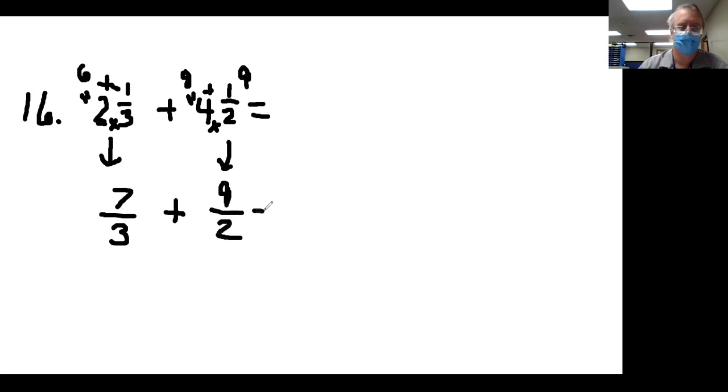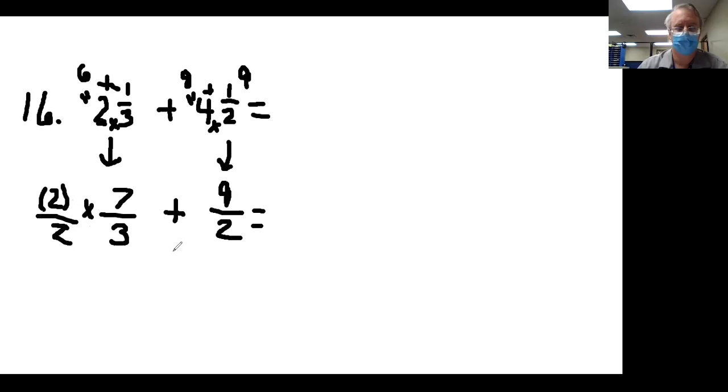9 halves. Now, with fractions, you cannot add fractions without a common denominator, which is the bottom, numerators at the top. So in order to get the same denominator, you have to multiply. We got to get these numbers the same on the bottom. So what I'm going to do is multiply 2 over 2 times this.